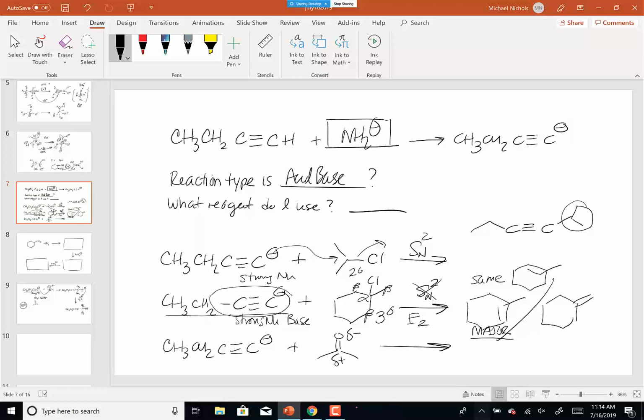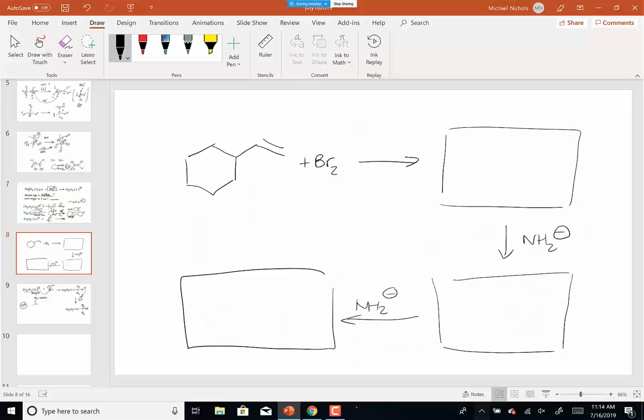The only other thing with alkynes was, how do we make them? How do you make an alkyne? You can start with an alkene.